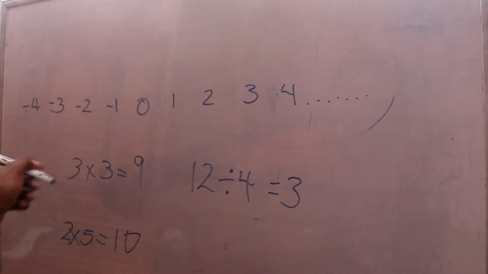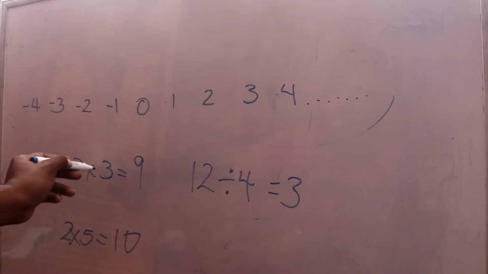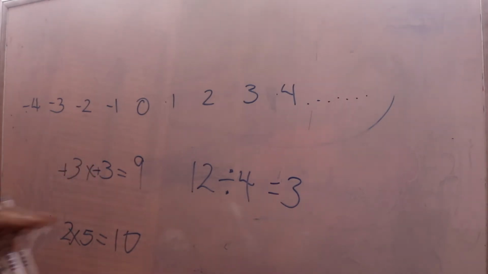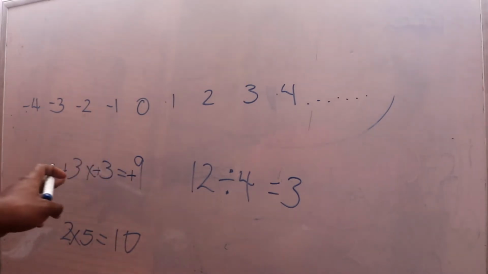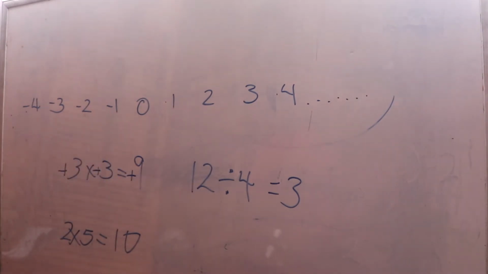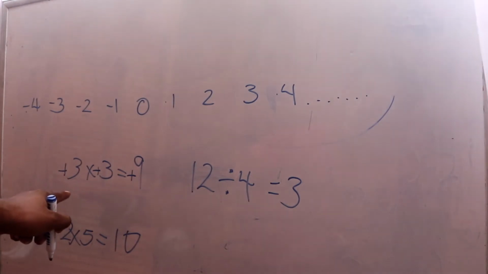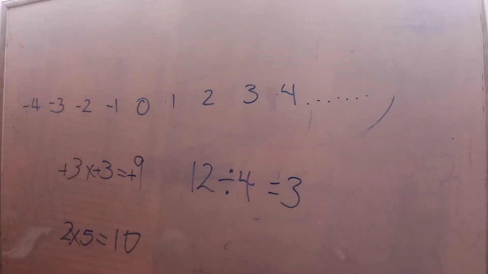So this is actually +3. This is +3. And this 9 is +9. So you have a 3 multiplying by a 3, or rather a +3 multiplying by a +3, and it's going to give you a positive answer, +9. But we don't want to say positive this, positive that all the time.